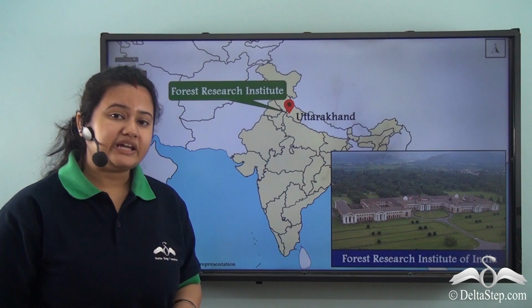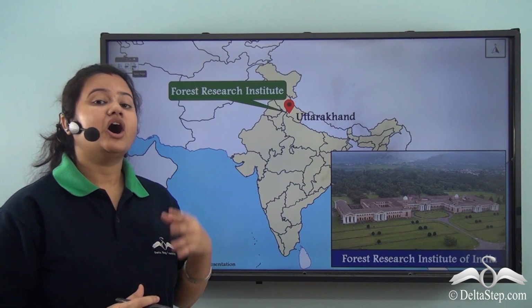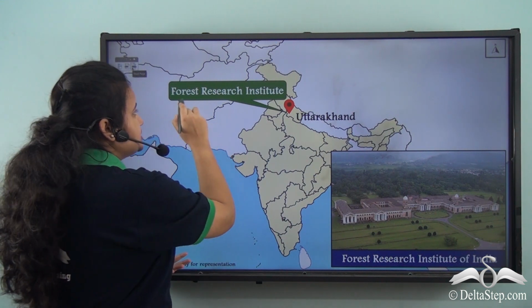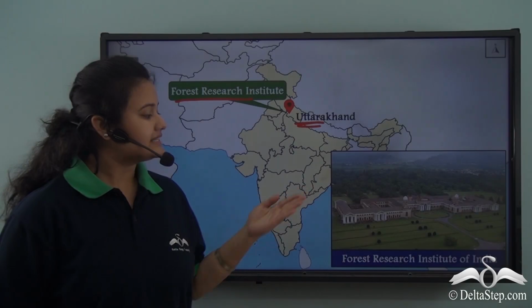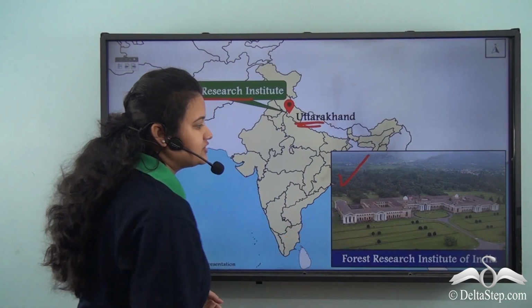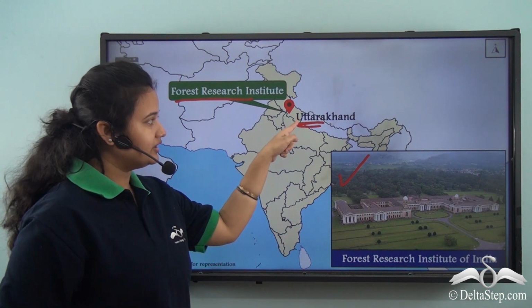Well, in order to increase and protect the natural vegetation of India, a forest research institute has been set up in Dehradun, Uttarakhand. See, this is the picture of the Forest Research Institute of India, which is situated in Dehradun, Uttarakhand.